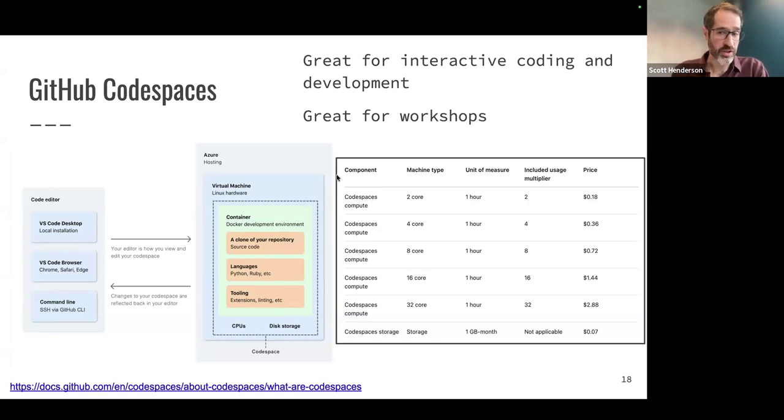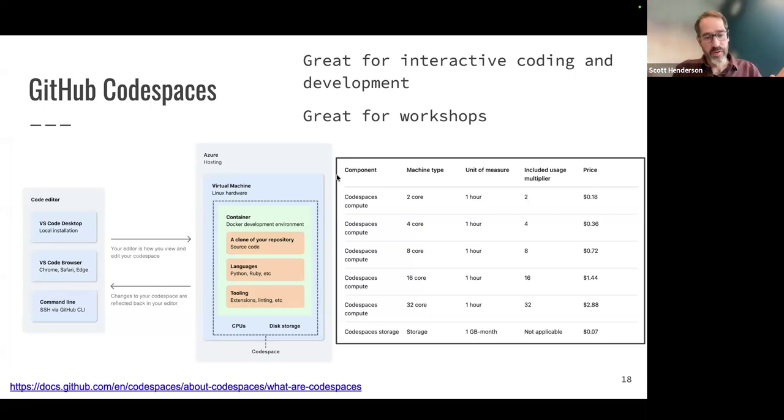It's also great for workshops, I should mention. We've used this in the past to run X-ray workshops for hundreds of participants simultaneously, because as long as you have a GitHub account, you can launch a codespace, and the billing can be handled in a centralized way where it's routed through a single account.